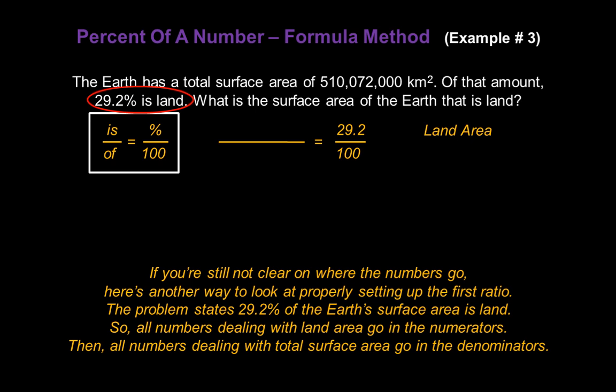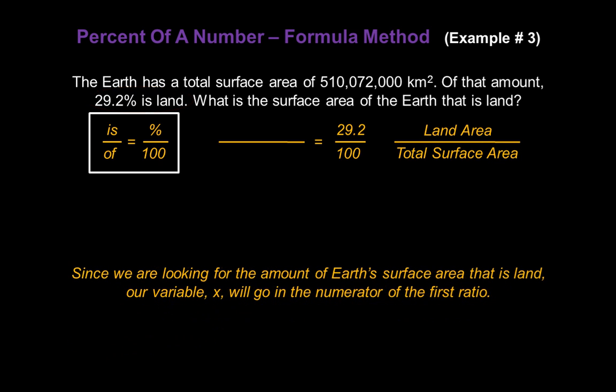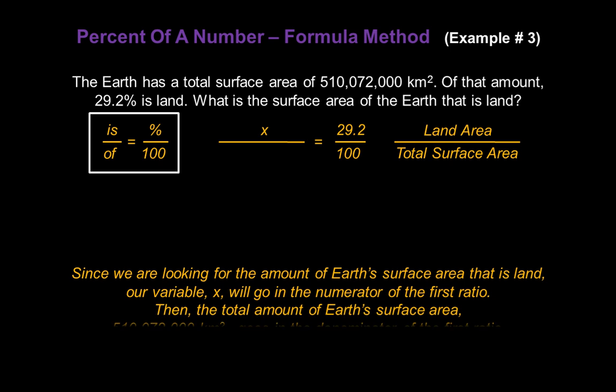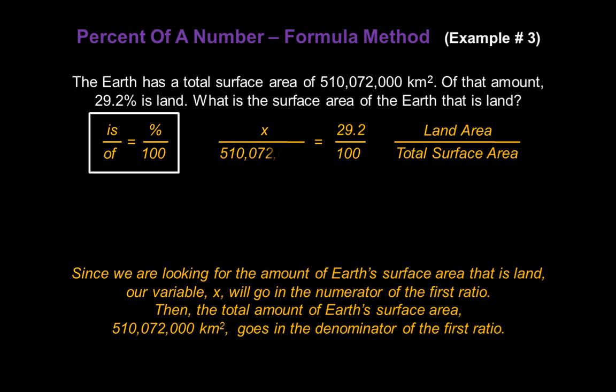Then all numbers dealing with total surface area are going to go in the denominators. Since we're looking for the amount of Earth's surface area that is land, that means our variable x is going to go in the numerator of the first ratio, and then the total amount of the Earth's surface area, 510,072,000 square kilometers, goes in the denominator of the first ratio.